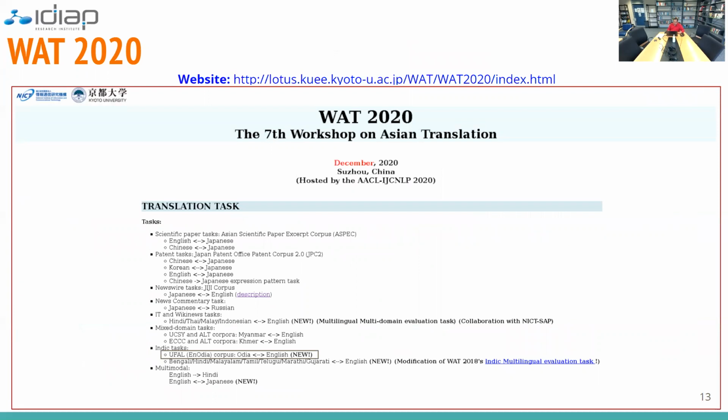And we used this corpus in the recent WAT 2020, a Workshop on Asian Translation. It is one of the prestigious conferences, mostly on Asian languages. This conference organizes a shared task, which is mostly a translation task of Asian languages like English, Japanese, Chinese, Korean.